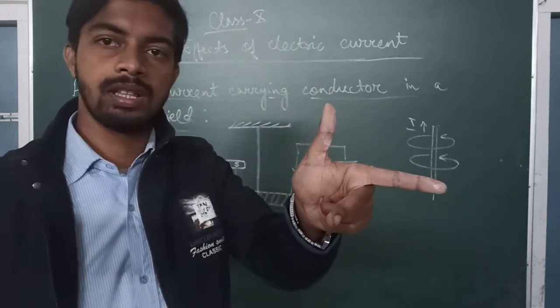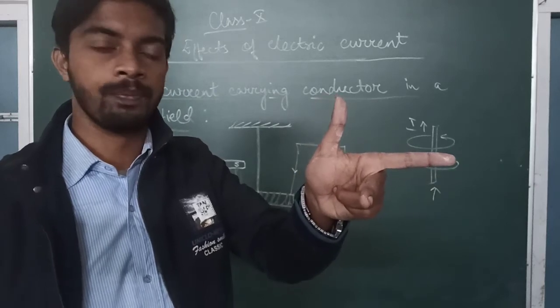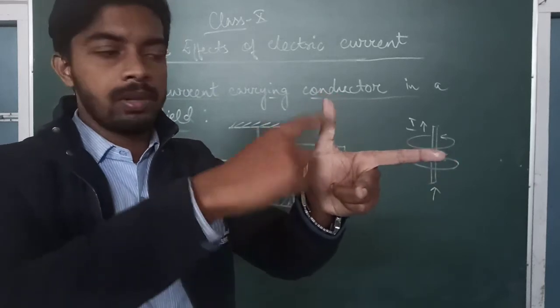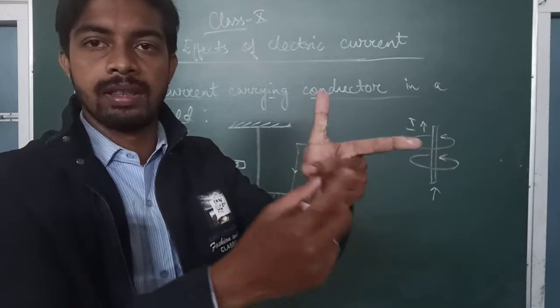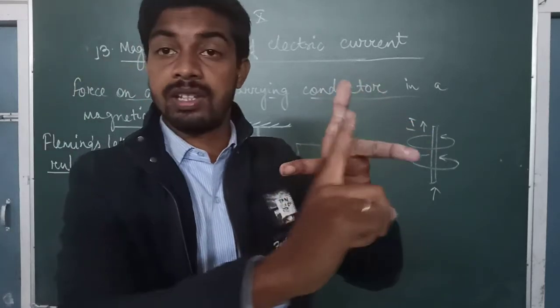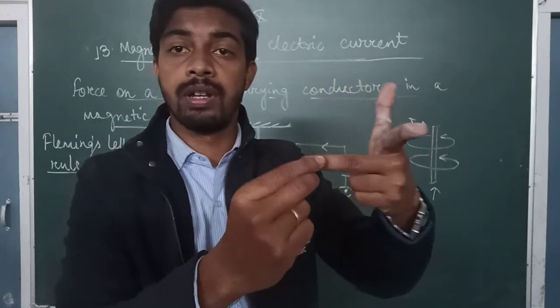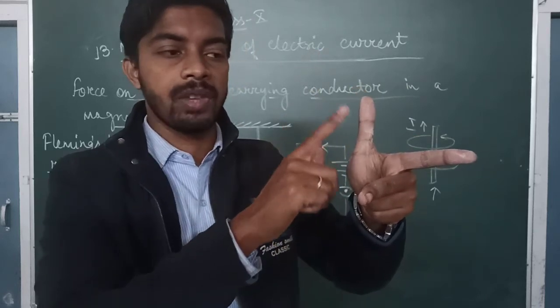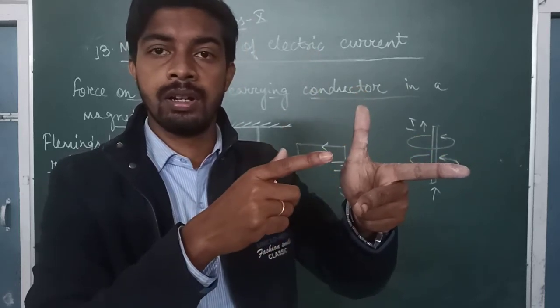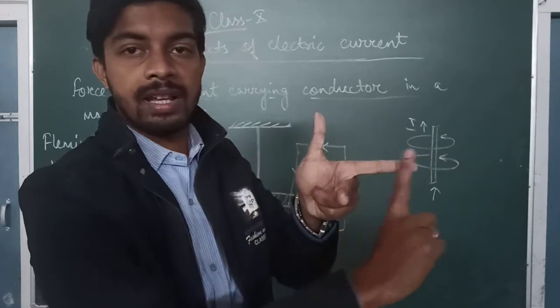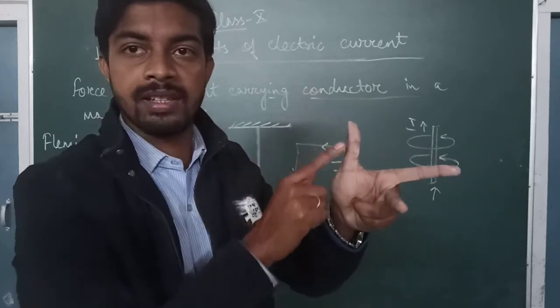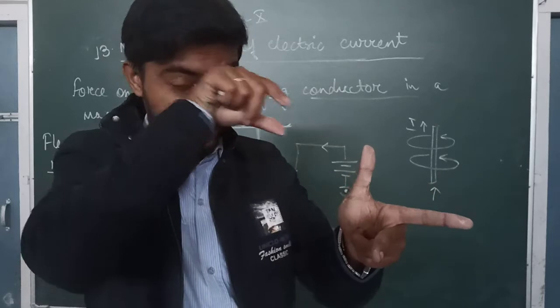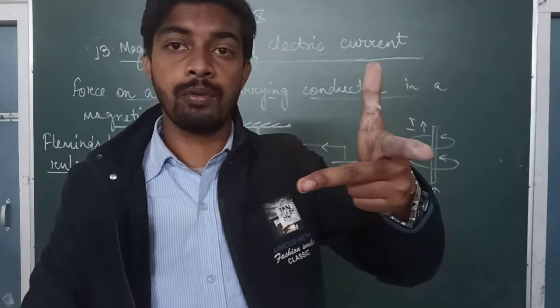So you can see the direction of the extension. This is the thumb, this is the forefinger, and this is our middle finger extended in this direction. The thumb is pointing upwards, and if we consider the 3D model, this is the x-axis, this is the y-axis, this is the z-axis. So this is how we have to extend.